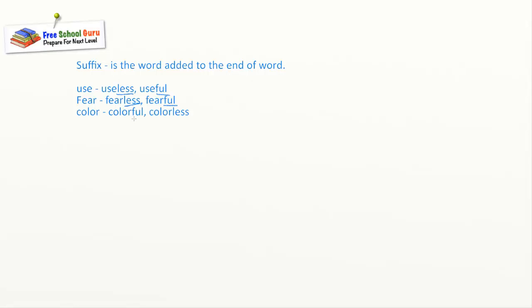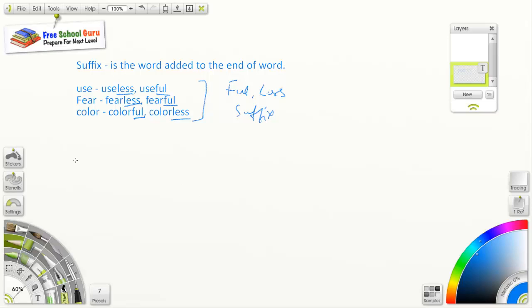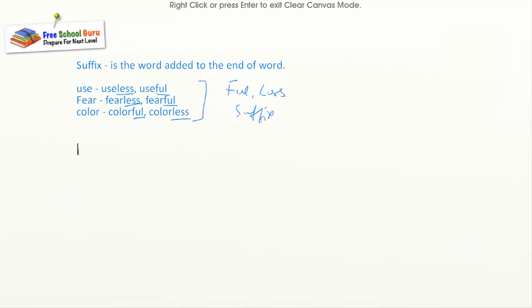Similarly, color, colorful, colorless. So all these words that I added here, full and less, are called suffixes. Makes sense? A suffix is the word which is added towards the end of the word, and it changes the meaning.